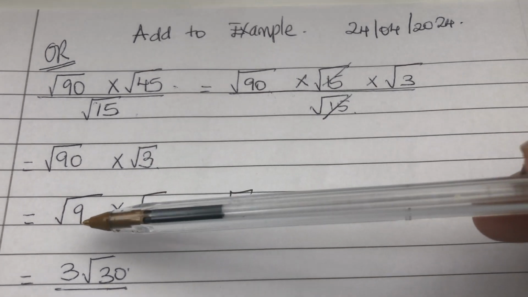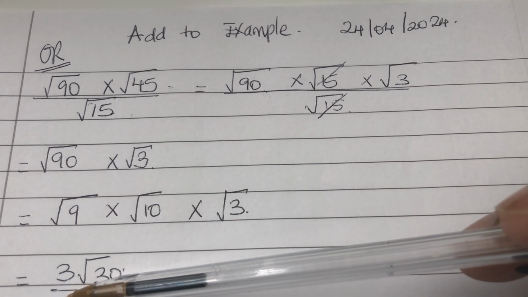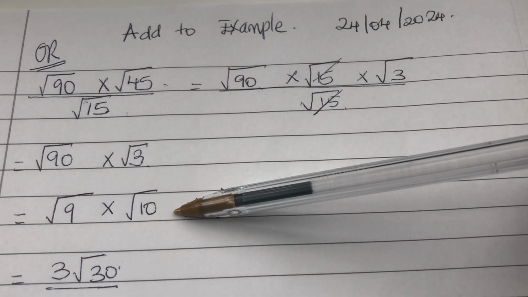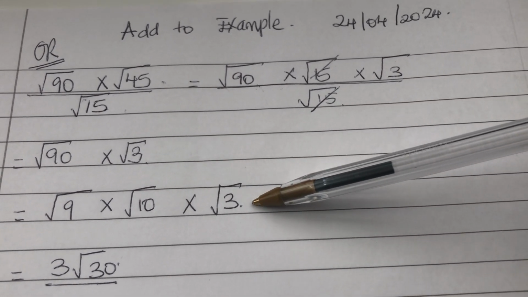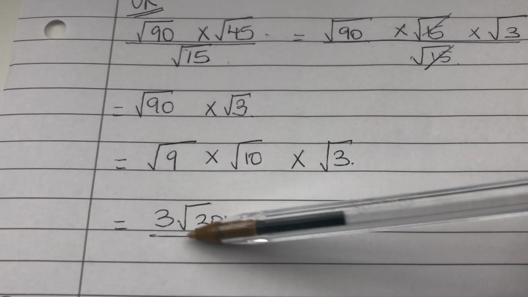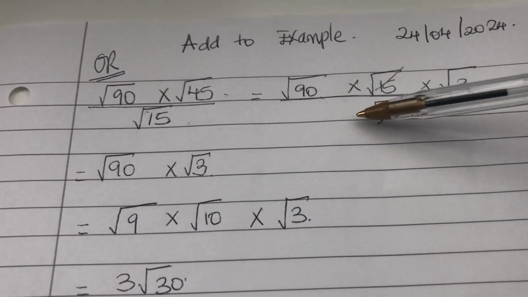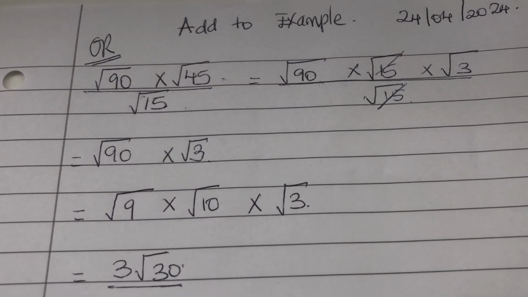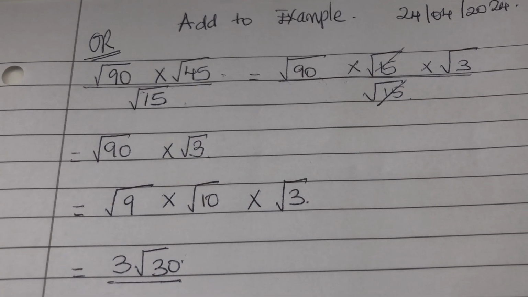Okay, now root 9 is 3. Root 10 times root 3 is root 30. So straight away I have 3 root 30. So 1, 2, 3, 4 steps. I've got the answer. It's the same thing I just showed you.